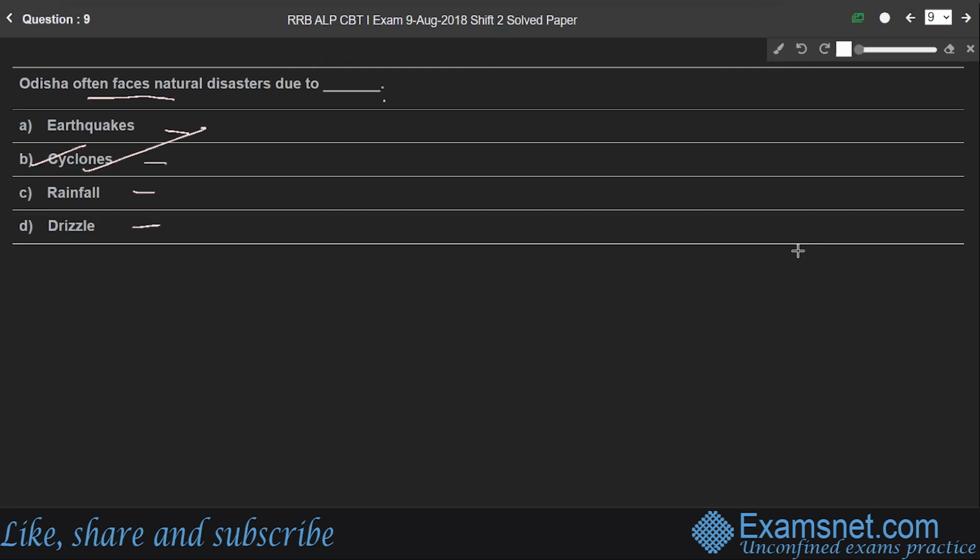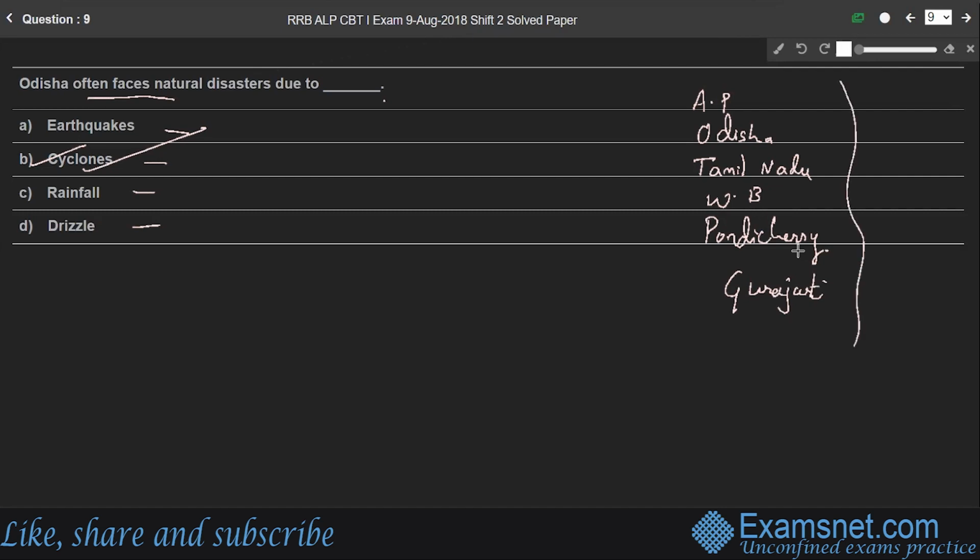Students, there are 13 coastal states and union territories in India that are affected by cyclones, which include the states Andhra Pradesh, Odisha, Tamil Nadu, West Bengal, Pondicherry, a union territory, and Gujarat, and many more. So these are the states and union territories which face natural disasters like cyclones. Therefore, option B.